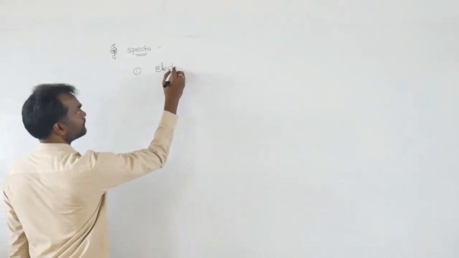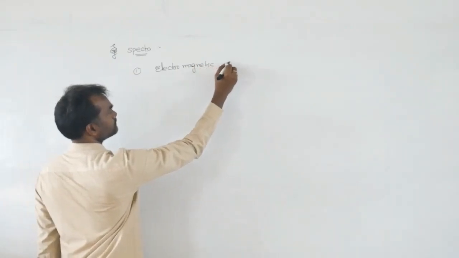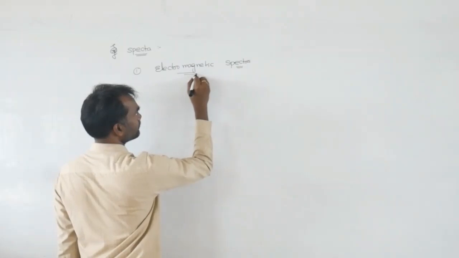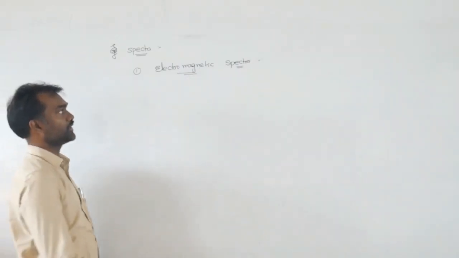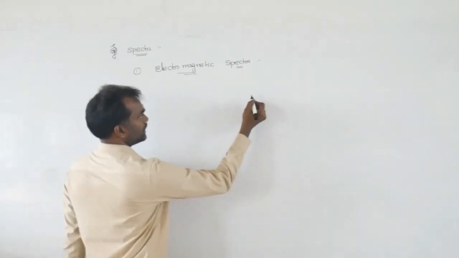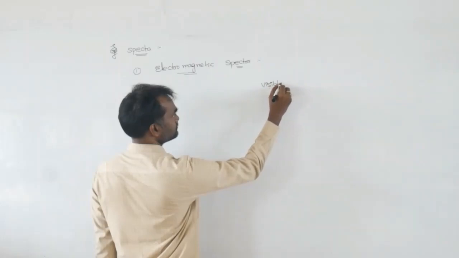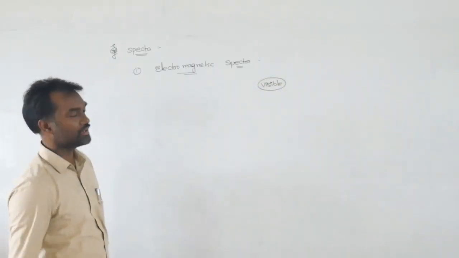electromagnetic spectra. How is the electromagnetic spectrum? See, whatever we are seeing is the visible region; visible light is a very small area.